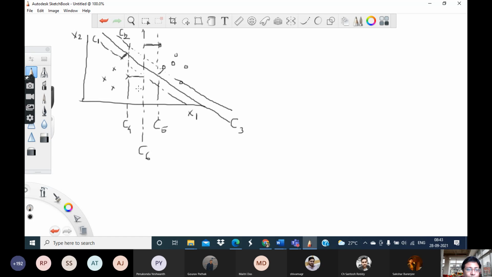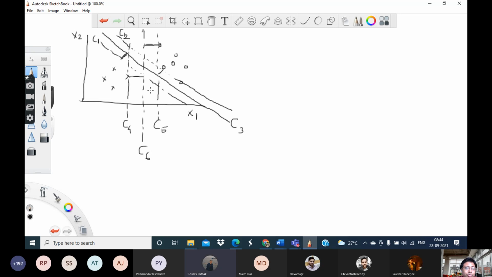Now tell me, between C3 and C6, if you have to build a classifier, will you prefer both equally, because both of them satisfy the criterion that their margins with respect to both classes are equal? Are C3 and C6 equally desirable for classification?